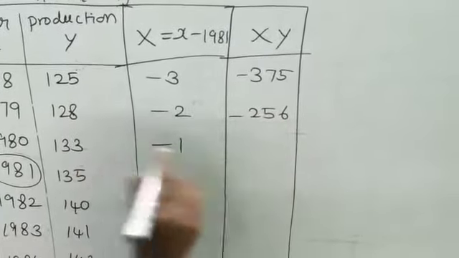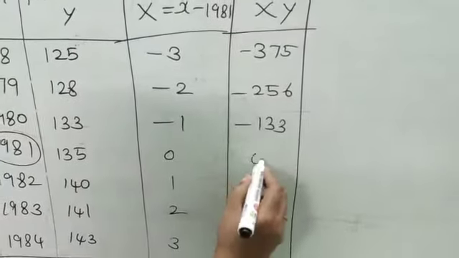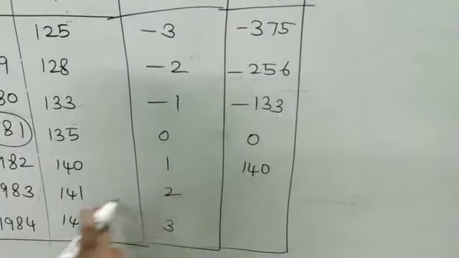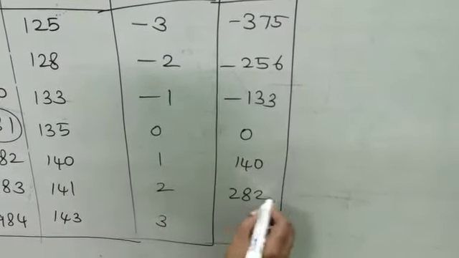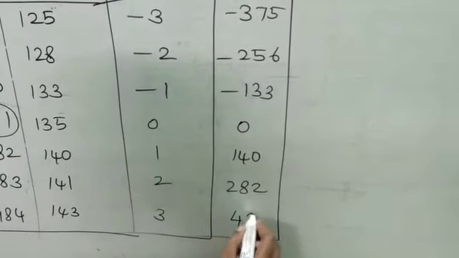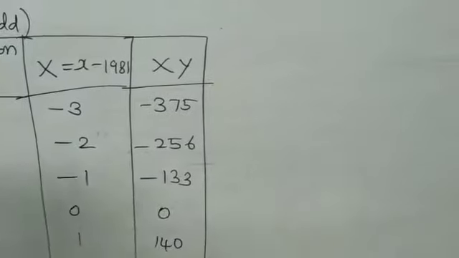Minus 1 into 133, minus 133. 0 into 135, 0. 1 into 140, 140. 2 into 141, 282. 3 into 143, 429.